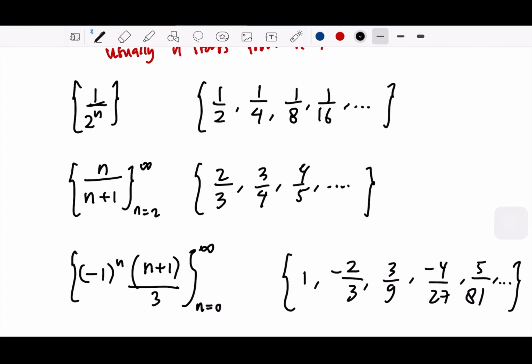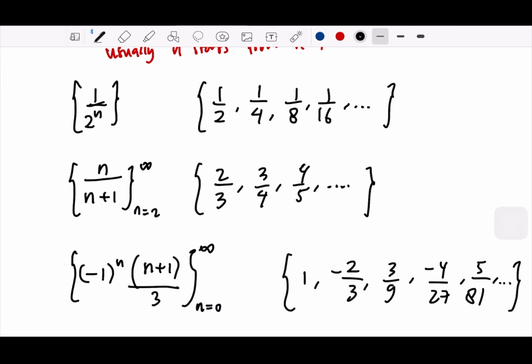So notice that you may have an alternating sequence, as in the signs of the sequence itself. The sequence will have positive, negative, positive, negative, positive. Or maybe negative, positive, negative, positive is also possible. It depends on which n we are starting from or which formulation.